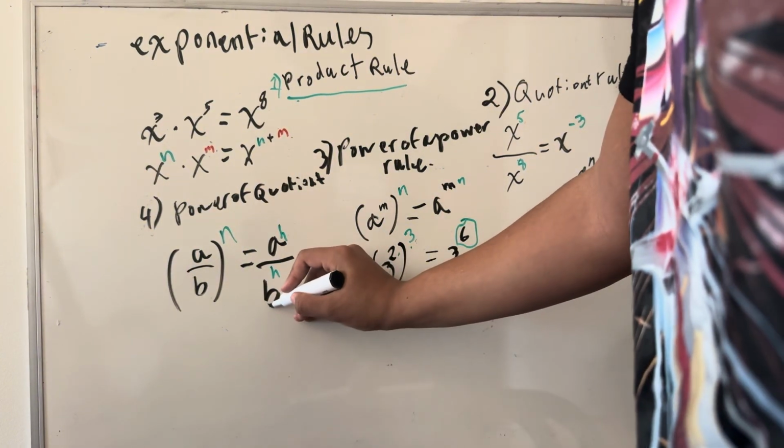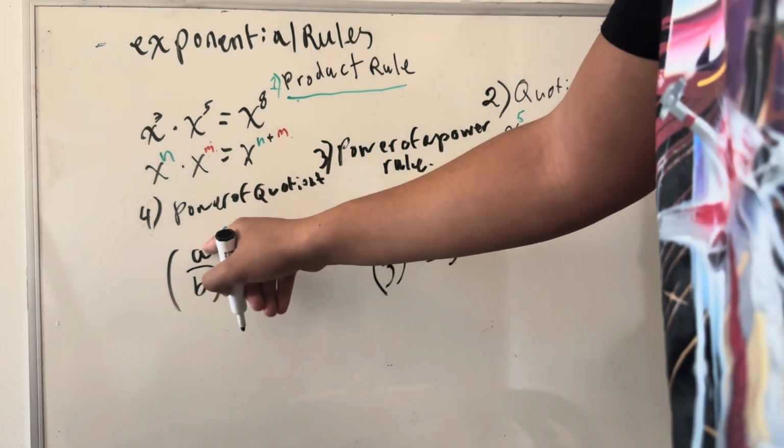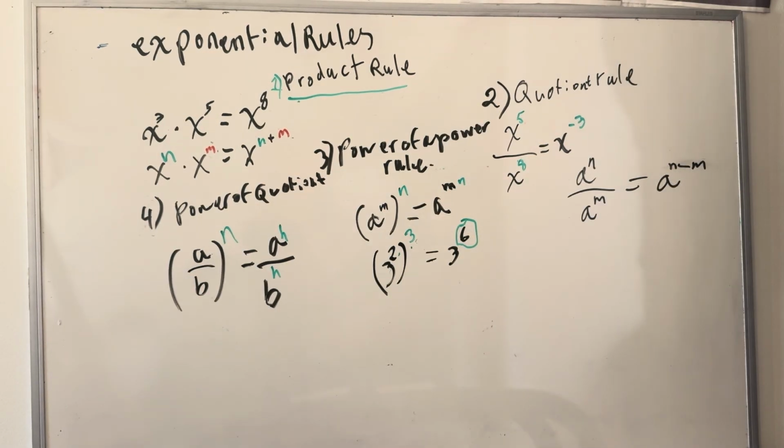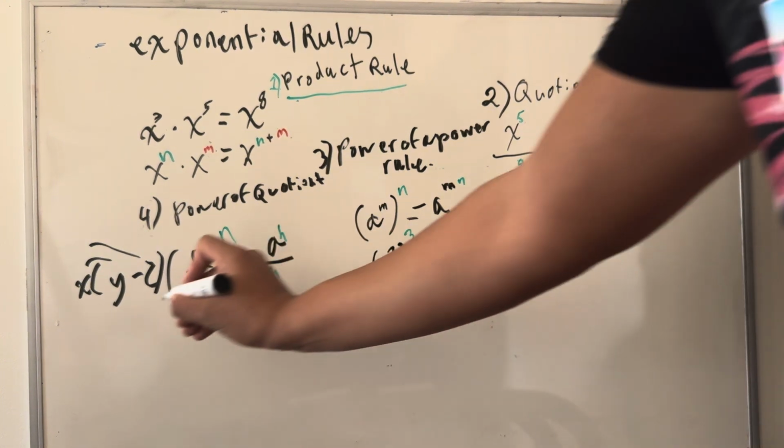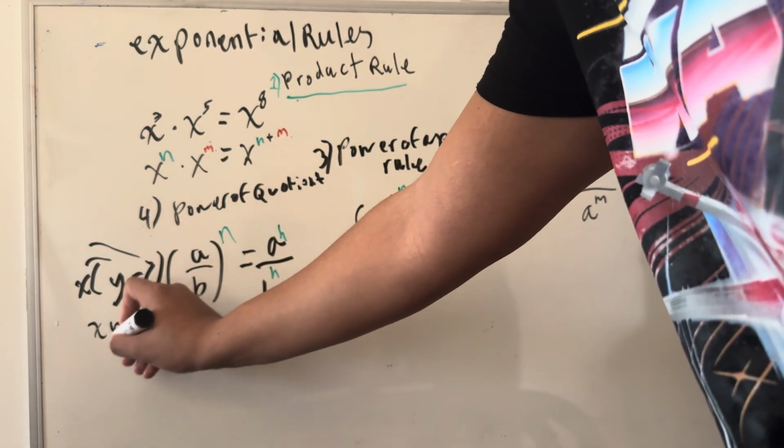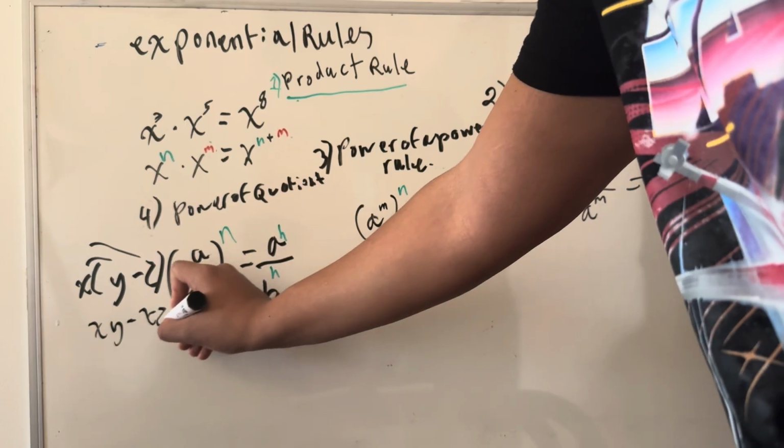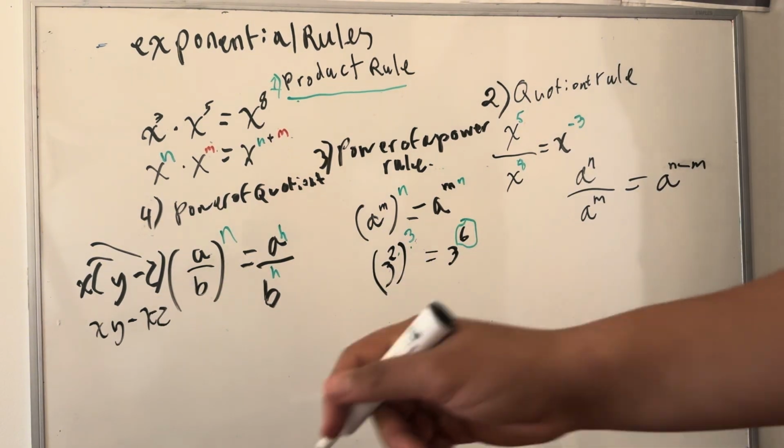You're able to distribute the exponent to each variable singularly. You have another tool in your toolbox. Think of it like distributing in xy minus xz.